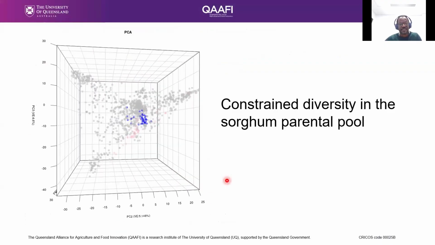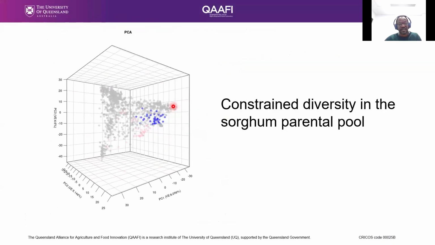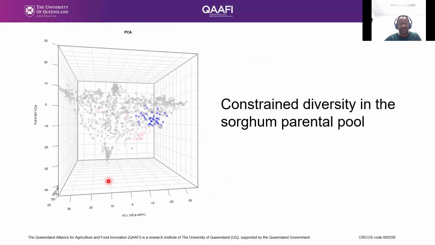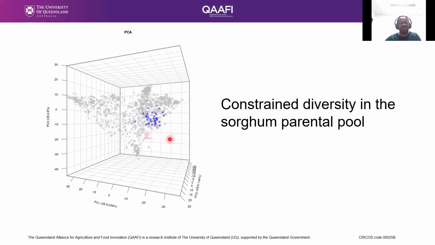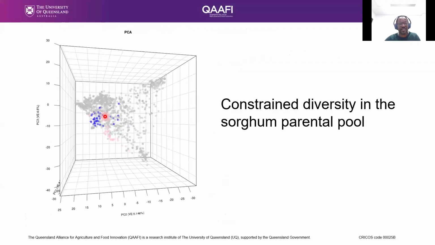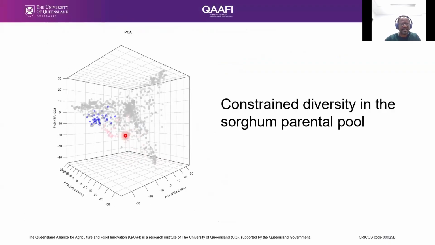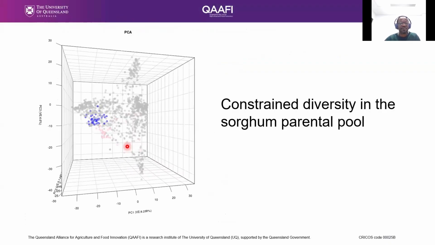This PCA diagram shows the entirety of the sorghum gene pool that is available, and the colored sections in blue is the male parents that contribute to the hybrids that are commercially available, and the pink portion shows the female pool.